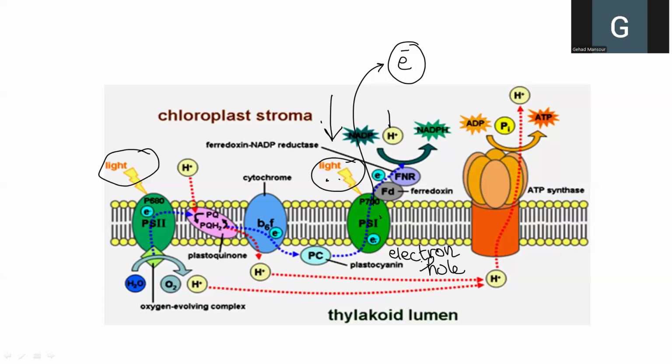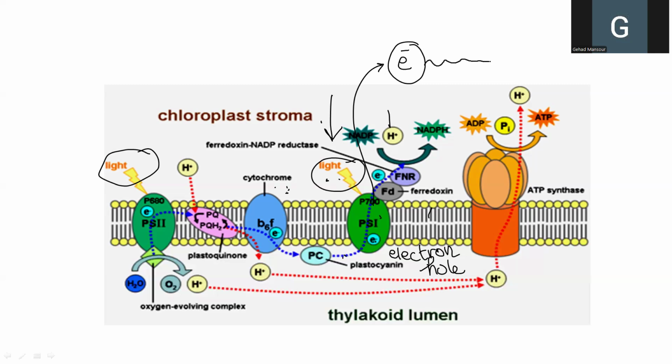And this is an important difference between the 2 photosystems we have talked about before, but it will be filled in by the electrons that are transferred at the end of the electron transfer chain of the previous photosystem. So this is an important difference between the 2 photosystems.